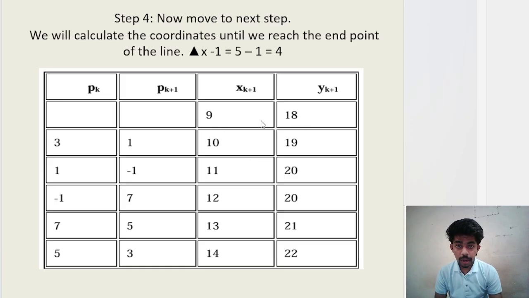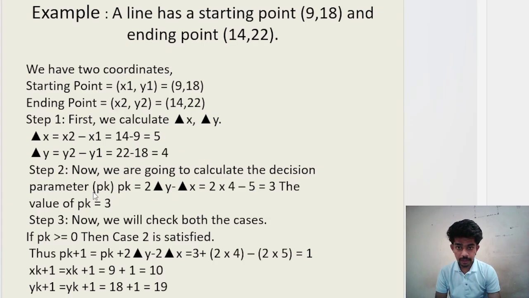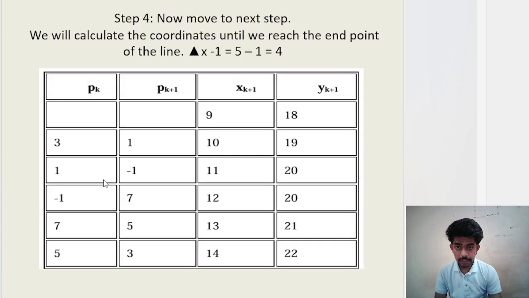And now the outcome is again positive, so we'll increment it by 1 and 1. Then we'll use these values in this formula again, and now it comes to minus 1. If pk comes to minus 1, then we'll increment xk, but our yk will remain the same.